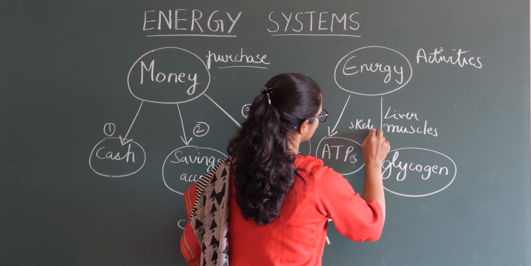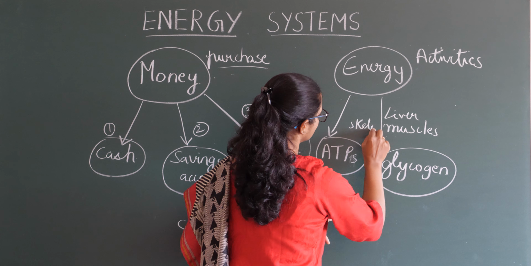So whenever the body requires energy, like you're going to the gym, lifting dumbbell, doing exercises, the body requires quick energy, and it gets it from the ATPs, it gets it from the glycogen. So glycogen is stored in my muscles, it's readily available. I lift the dumbbell, I do my repetitions.